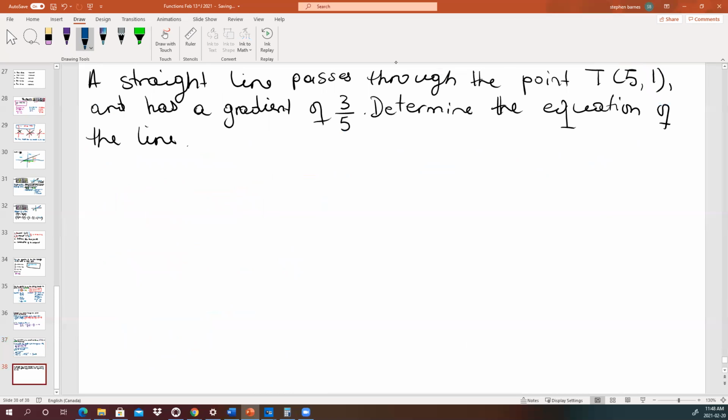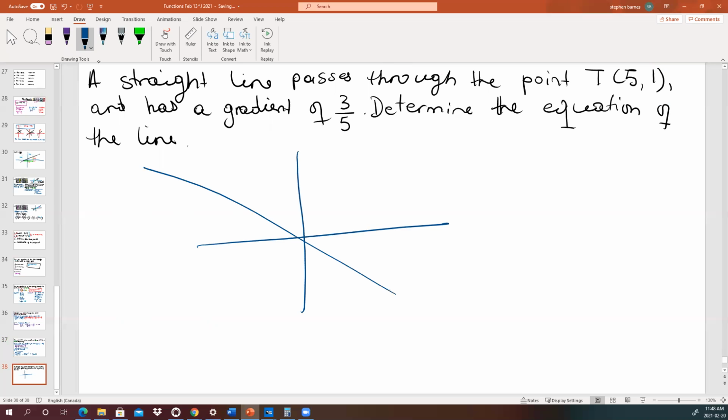A straight line passes through the point T, and it gives you the coordinate 5 and 1. And this same line has a gradient of 3/5. Determine the equation of the line. So like before, you have a line running on the coordinate plane, and they just gave you information for 1 point, right?